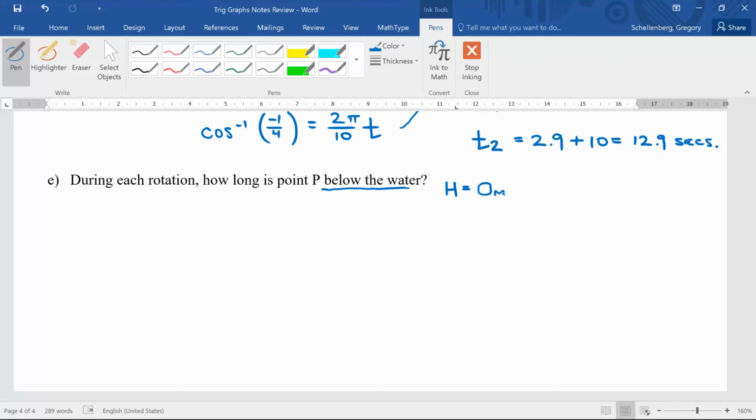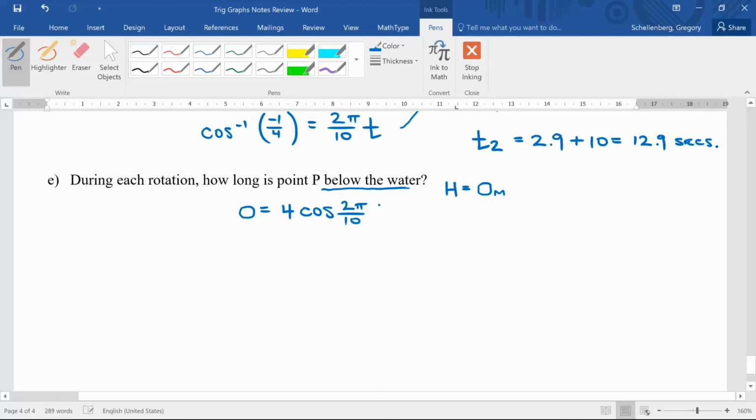Okay, so the first thing we're going to do is calculate the first time at which the height is 0 meters. So let's plug 0 into our formula for h. We get 0 is equal to 4 times the cosine of 2 pi over 10 times t plus 3. 0 minus 3 is negative 3.